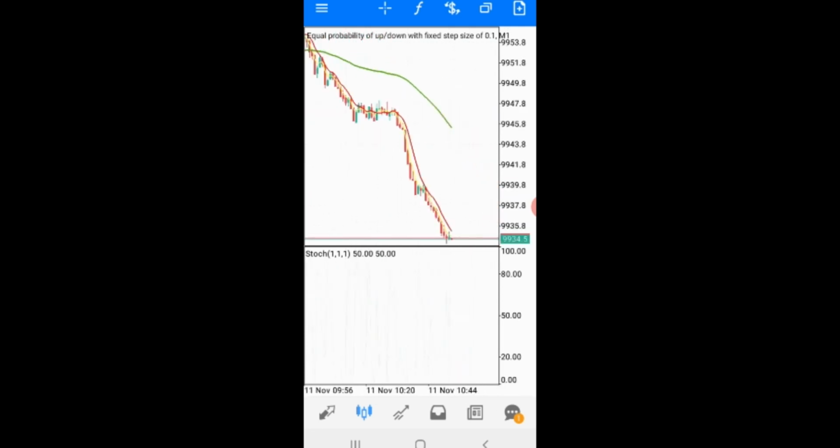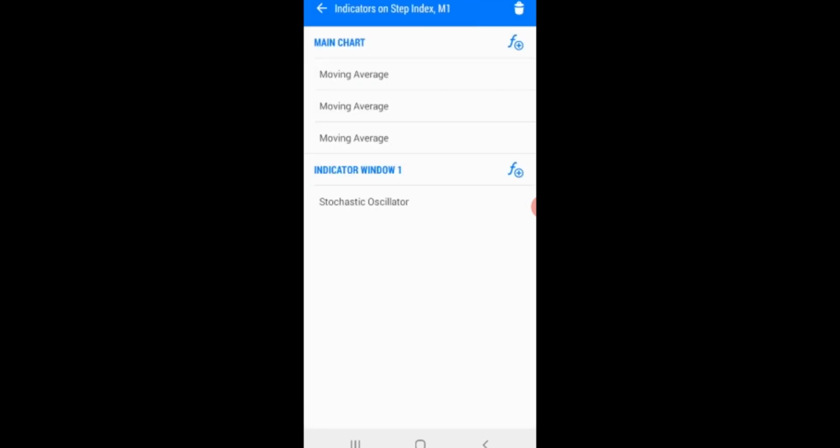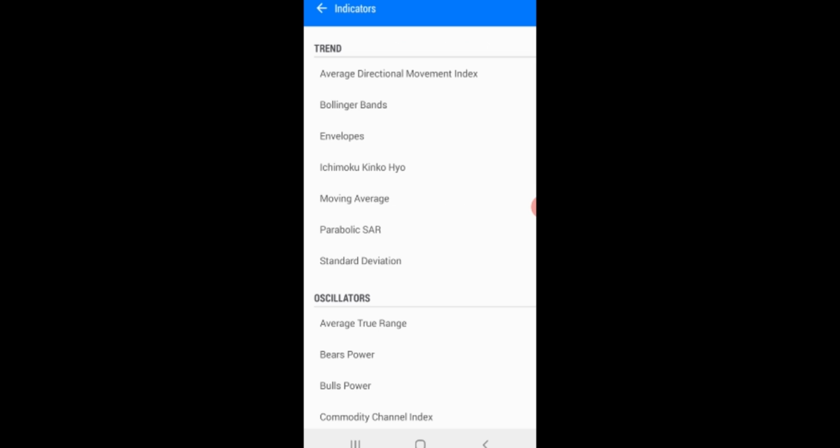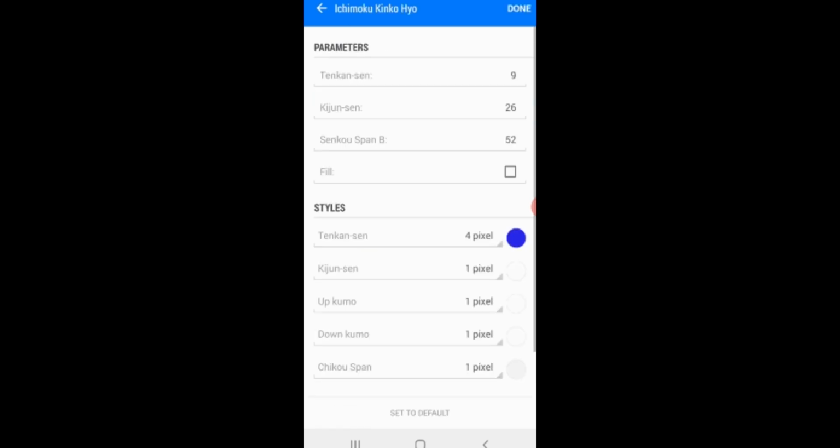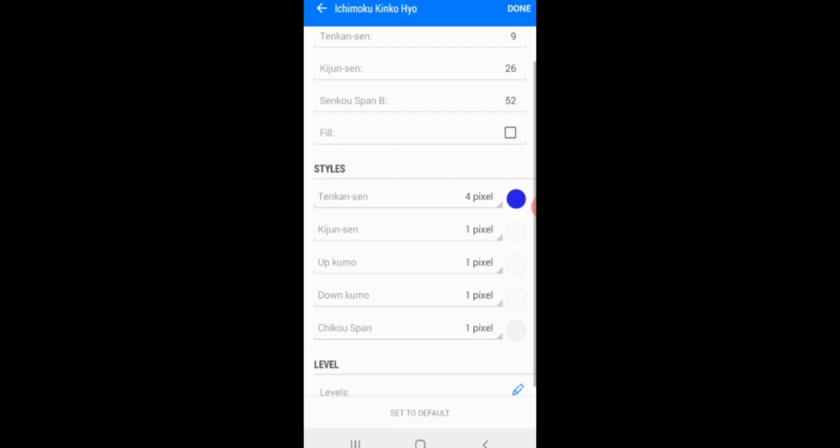Then the next indicator we are getting is the Ichimoku. For the Ichimoku we take 9, 26 and 52. You set yours like this, 9, 26, 52.